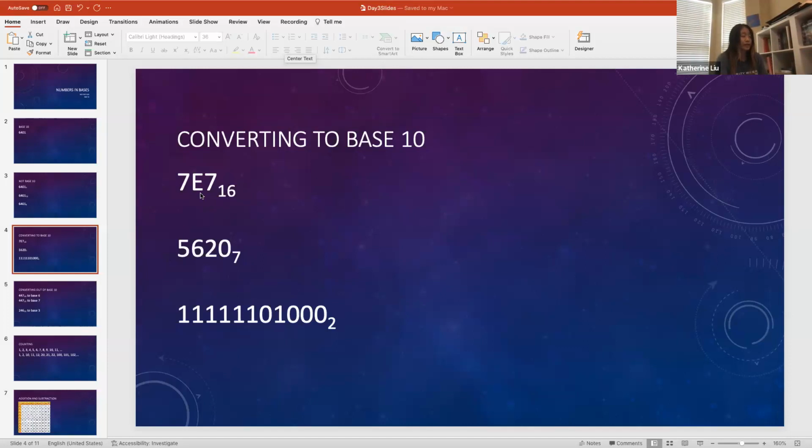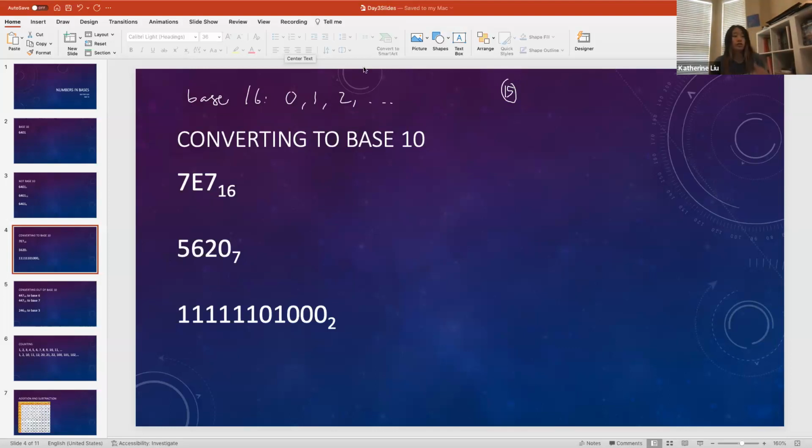So since we're in base 16, that means we should have digits for 0, 1, 2, all the way to 15. But the 15 has to be a single digit. So that's why after 9, we introduce capital letters to signify digits.